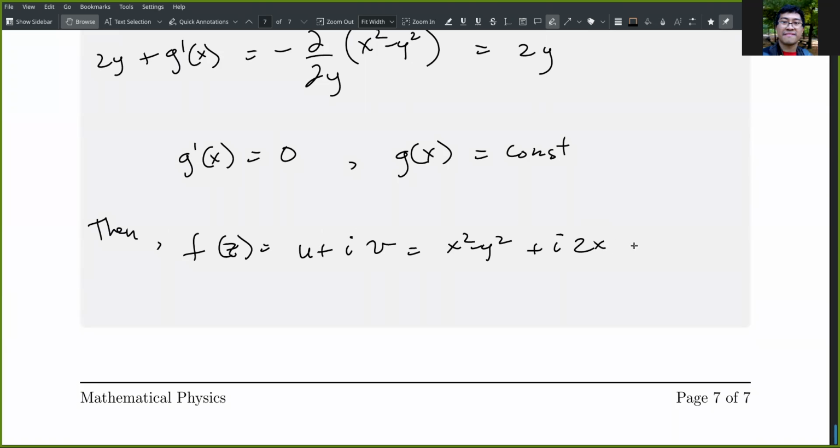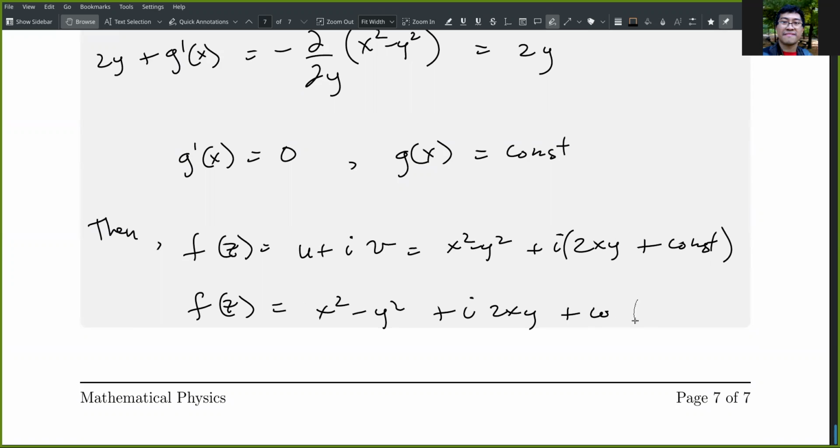So 2xy plus some constant. So f(z) equals x squared minus y squared plus i times 2xy plus some constant. Or we can also write z squared for this whole thing, plus a constant.